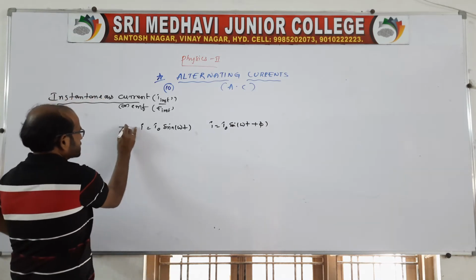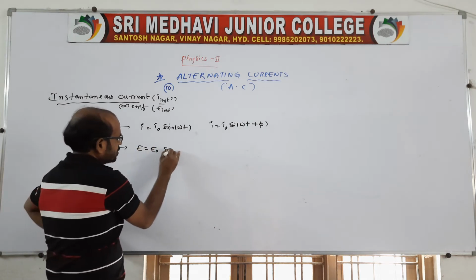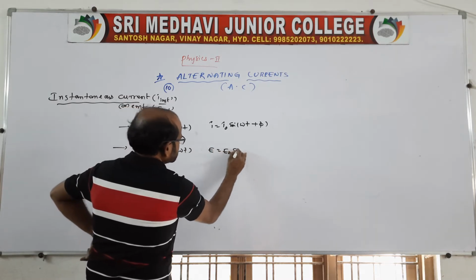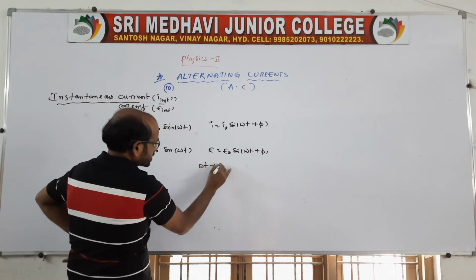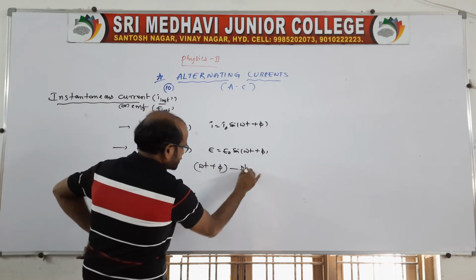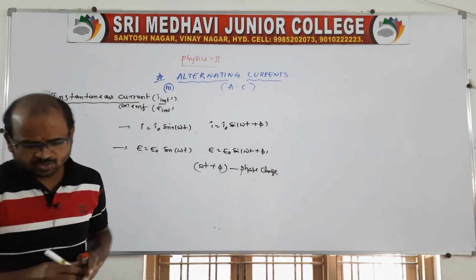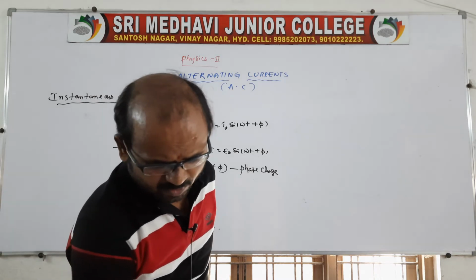If I go for the EMF, E is equal to E naught sin omega t, or E is equal to E naught sin of omega t plus phi. This phi is nothing but what we call a phase change. Of course, there will be a phase change, and small changes are represented, right?